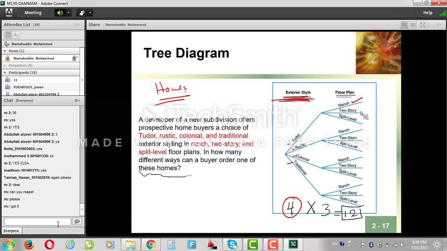You can search the internet and get the meaning of these things. Again, ranch, two-story, and split level. So 3 options for the second step. So 4 multiplied by 3 using the multiplication rule is equal to 12.